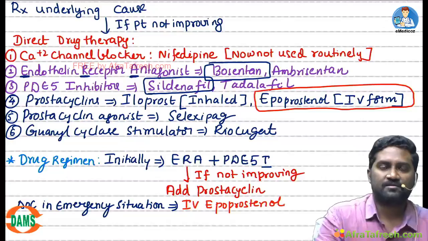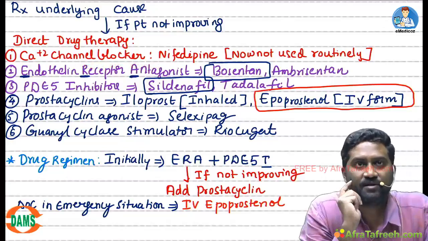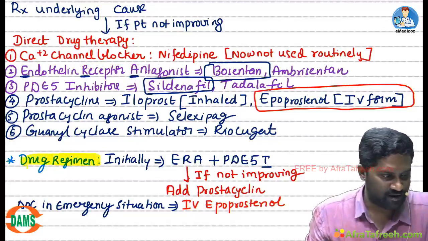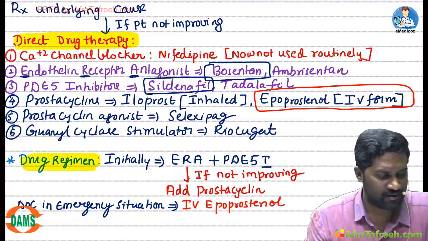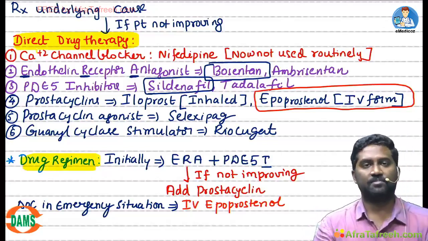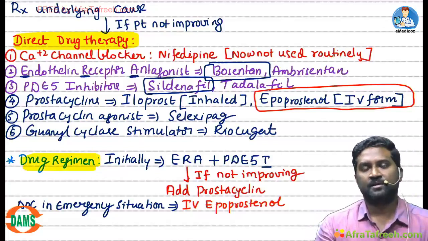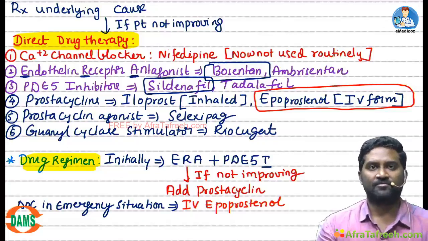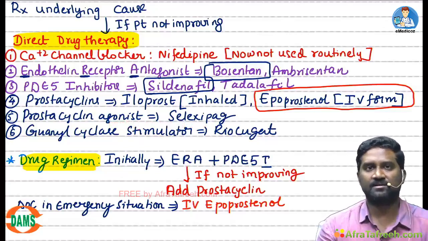This will be the drug regimen. Initially it is a combination of ERA plus PDE5 inhibitor. If the patient is not improving, we add prostacyclin. Drug of choice in emergency situation will be intravenous epoprostenol.